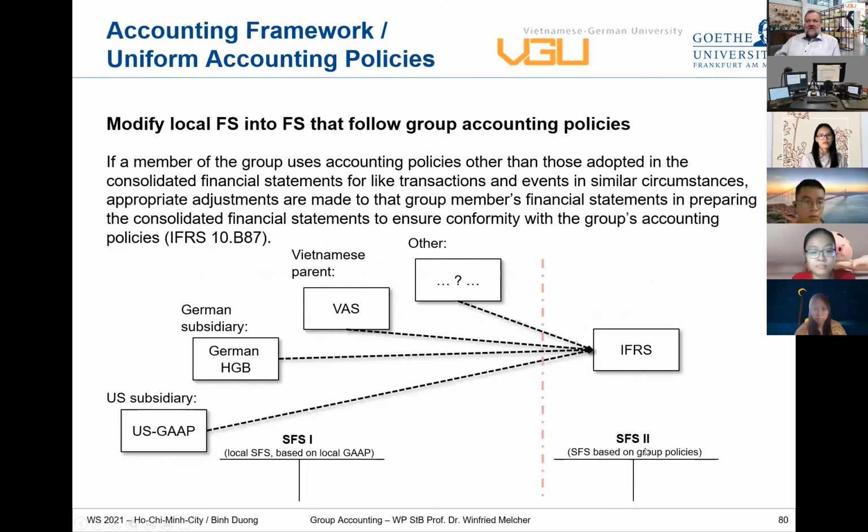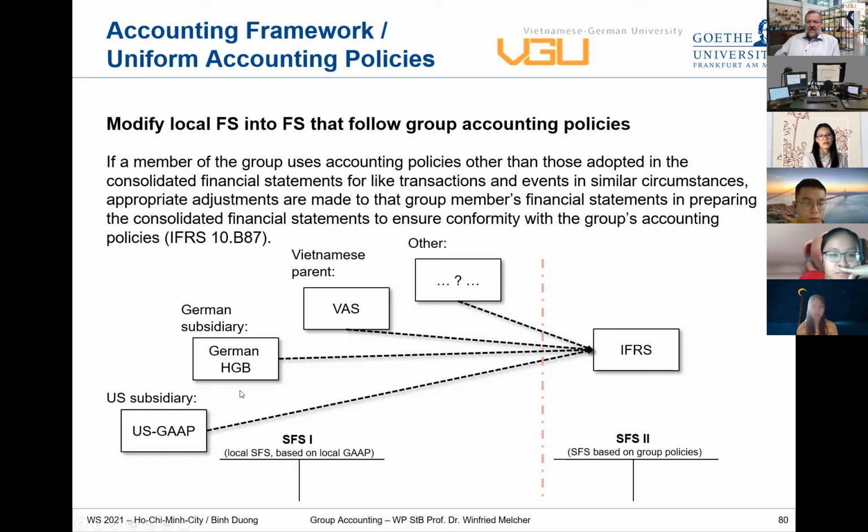Well, that is what the standard asks for. So what is the problem here? When we have local financial statements and we will have to modify the local financial statements and put those into what we call the package, what will we have to do?